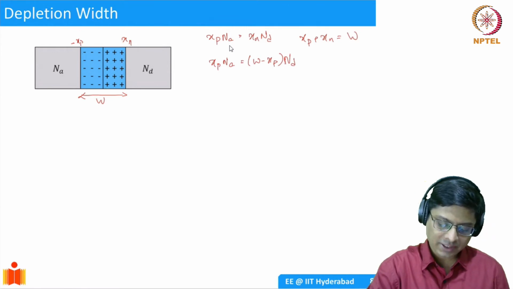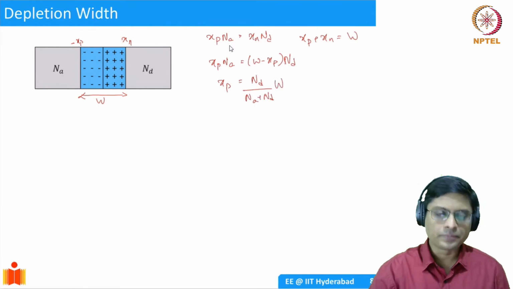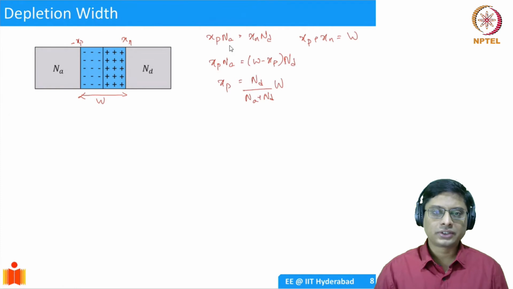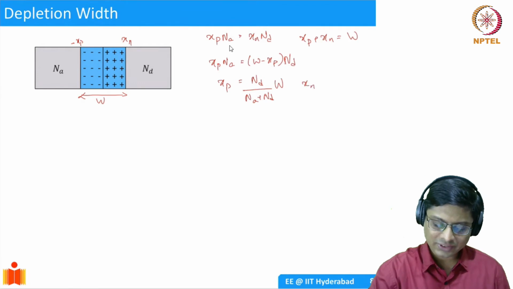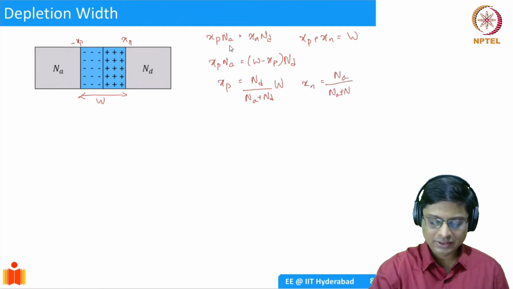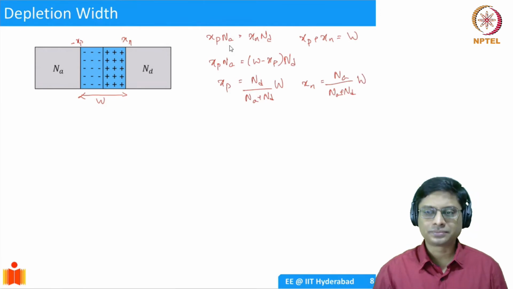So xp is going to be Nd by (Na plus Nd) times W. All right. So this is how your depletion width in the P side region is going to be, and analogously you can verify that xn is going to be Na by (Na plus Nd) times the depletion width.